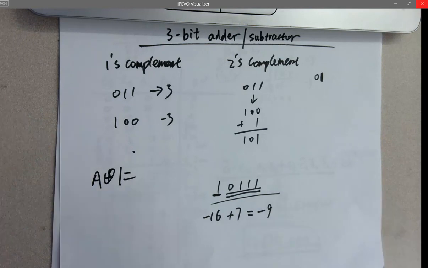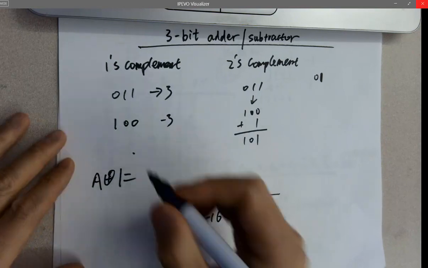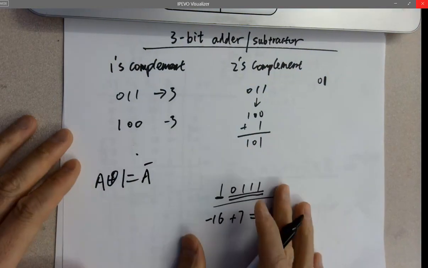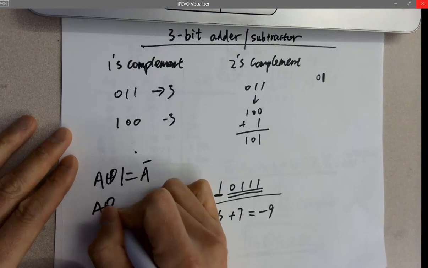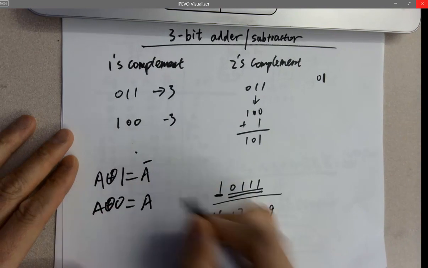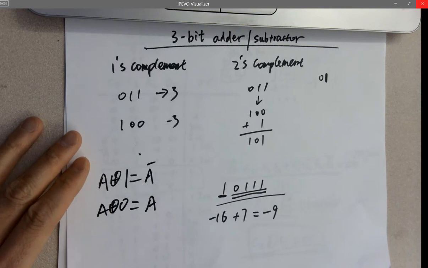A can only be 0 or 1, right? If A is 0, 0 XOR 1 will be 1. If A is 1, then 1 XOR 1 will be 0. So it seems like it's A bar. A XOR 1 will be A not, and A XOR 0 will be A.